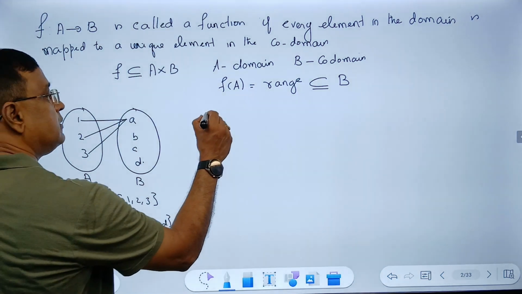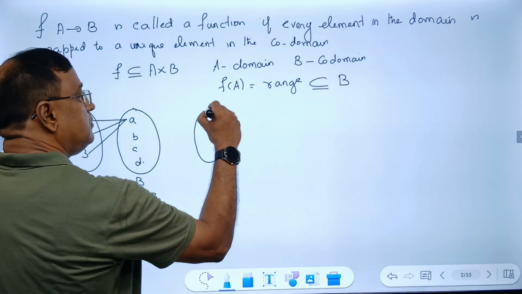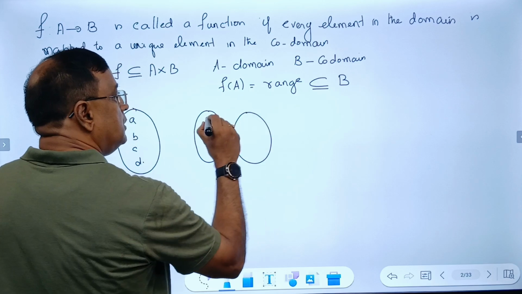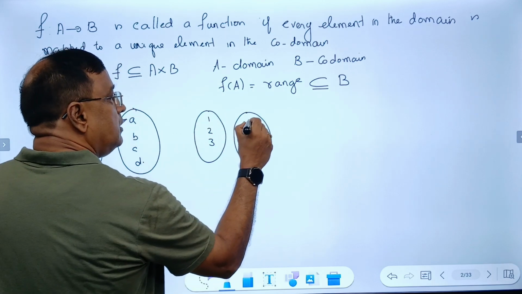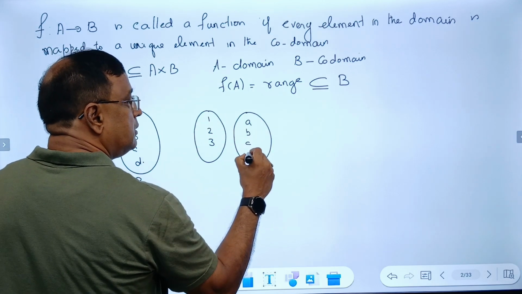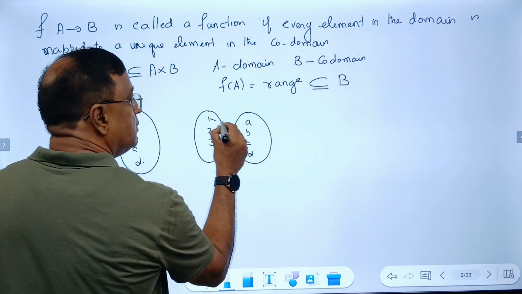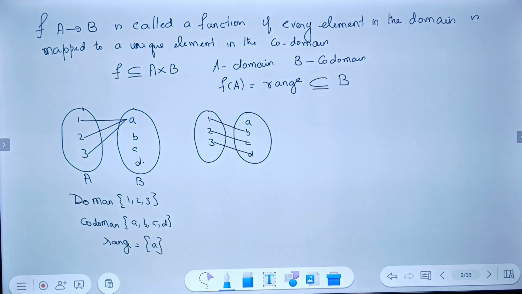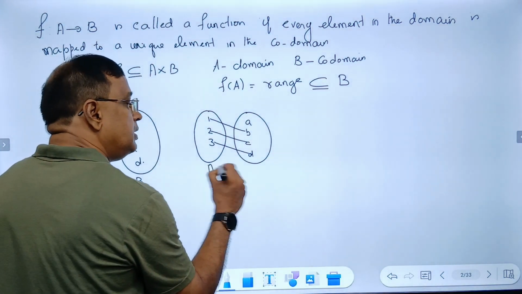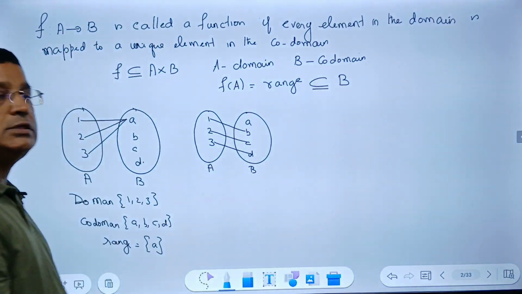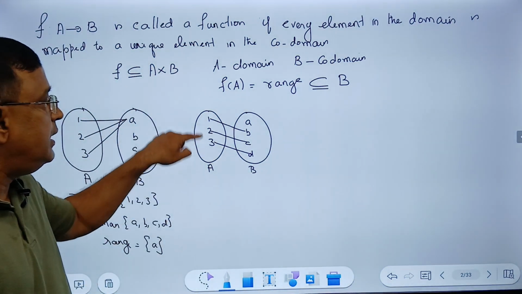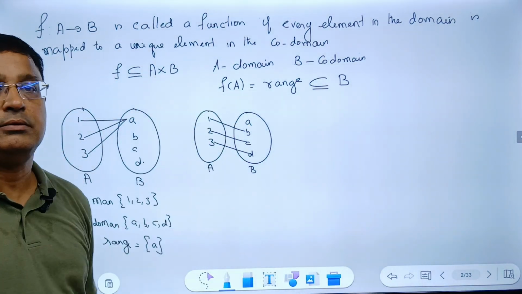Okay, let's take another diagram. 1, 2, 3, A, B, C, and let's say D. I have a connection like this. So is it a function? Let us say this is A and this is B. Yes, this is a function because every element in the domain is mapped.